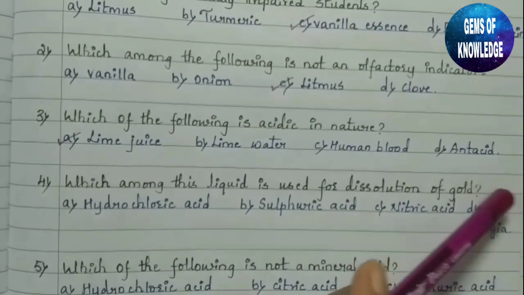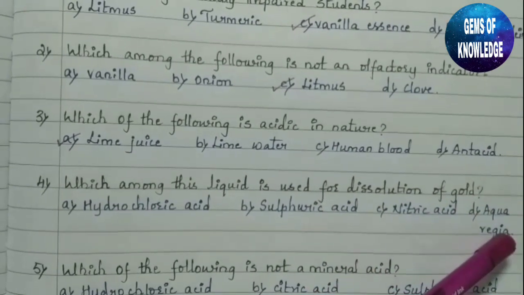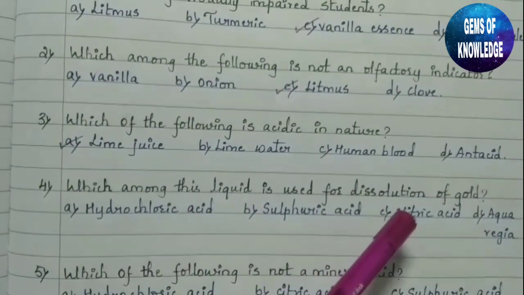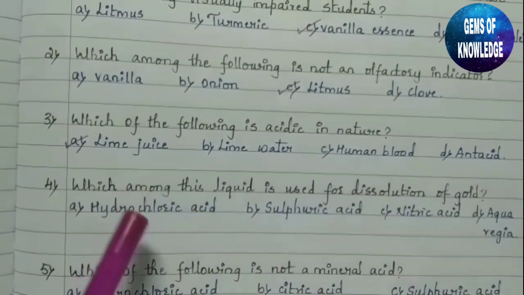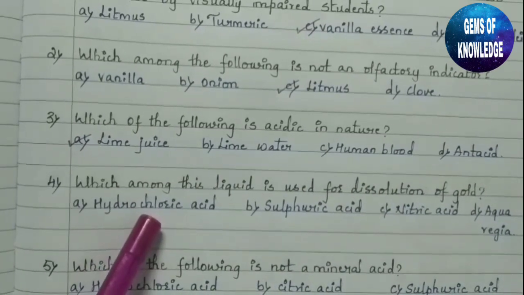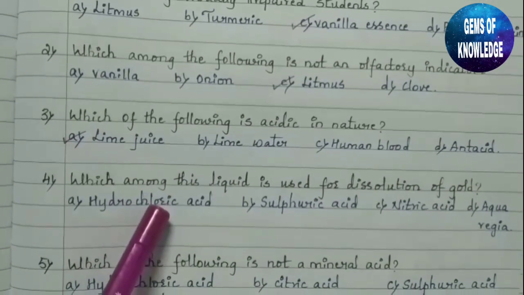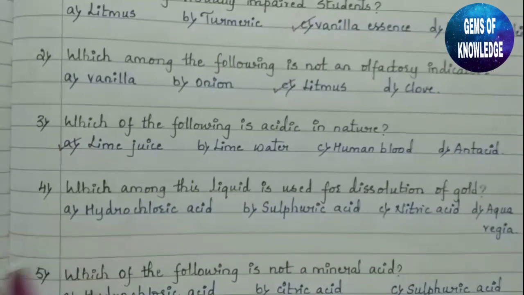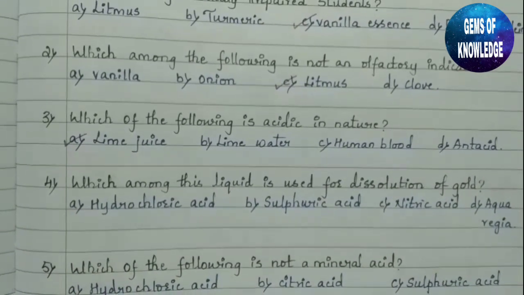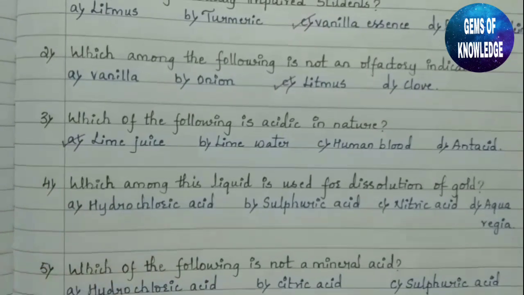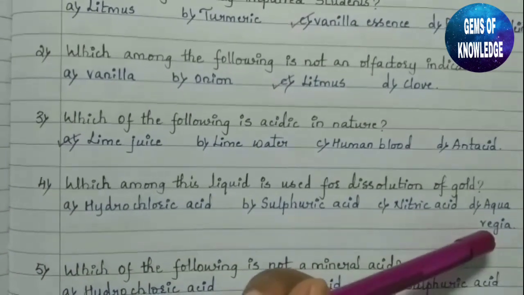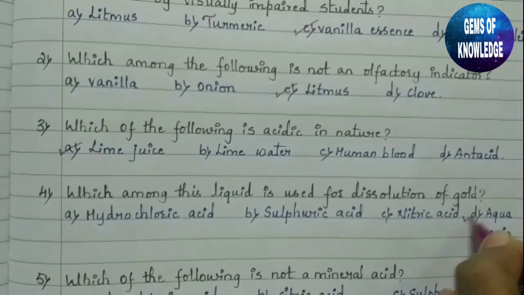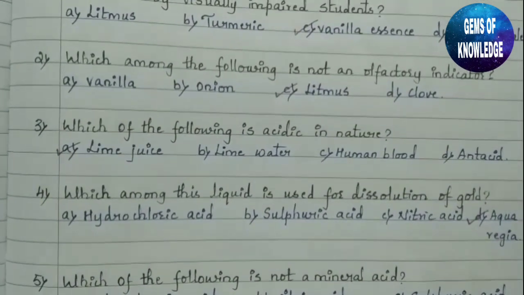But aqua regia is such a liquid, made by mixing two acids, nitric acid and hydrochloric acid, in the ratio 3:1. It is a highly fuming and reactive acid. It can even dissolve our gold. So the answer here is D, that is aqua regia.